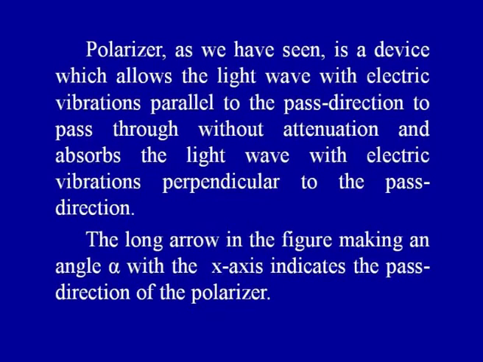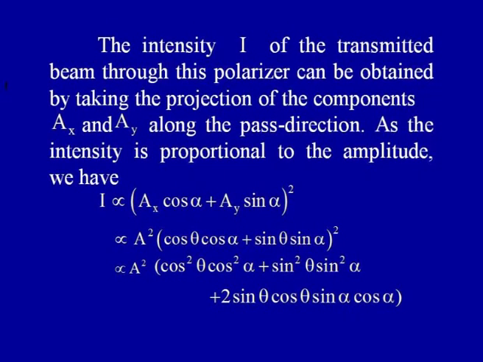The long arrow in the figure making an angle alpha with the x axis indicates the path direction of the polarizer. The intensity I of the transmitted beam through the polarizer can be obtained by taking the projection of the components Ax and Ay along the path direction.